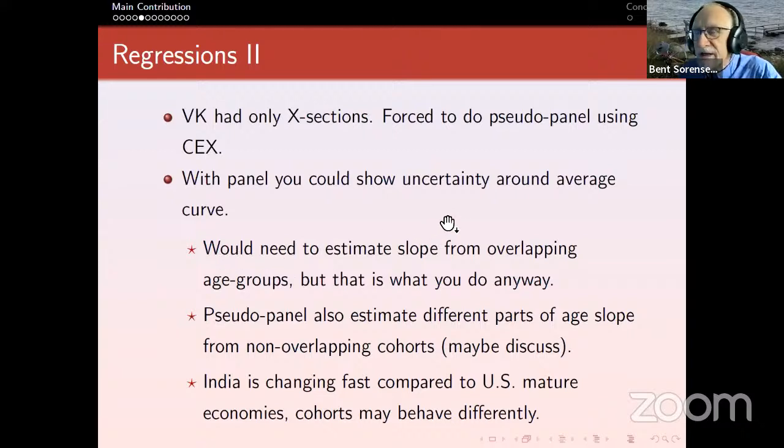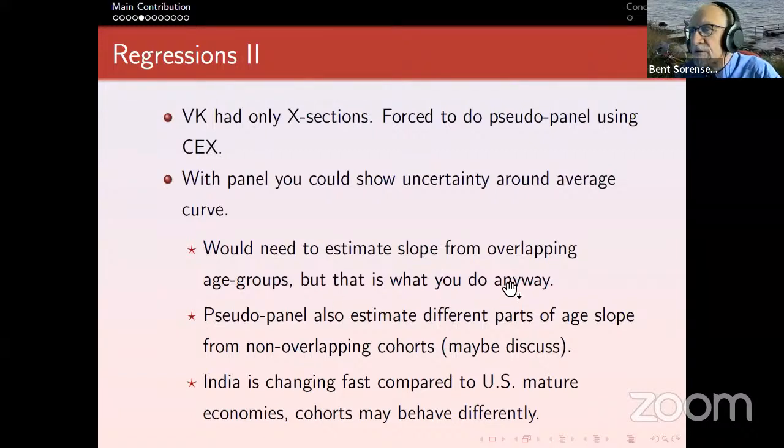You could do a direct estimation of the slope of income. You have the change in consumption here. You observe people at T and T minus 1. It would be overlapping, but you don't have a whole life cycle.